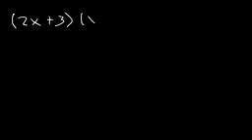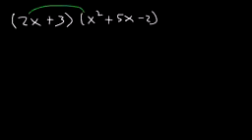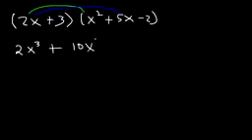Now let's talk about multiplying a binomial by a trinomial. So first, we're going to multiply 2x by x squared. And so this is going to be 2x cubed. And then we'll multiply 2x times 5x, which is 10x squared.